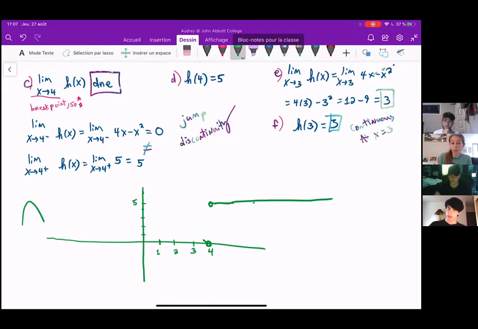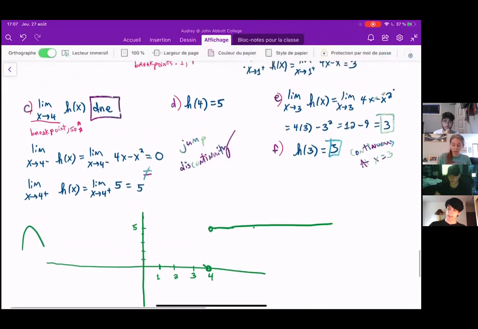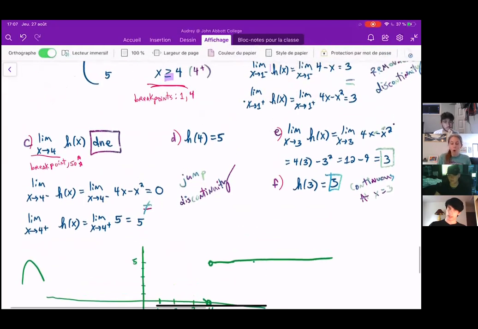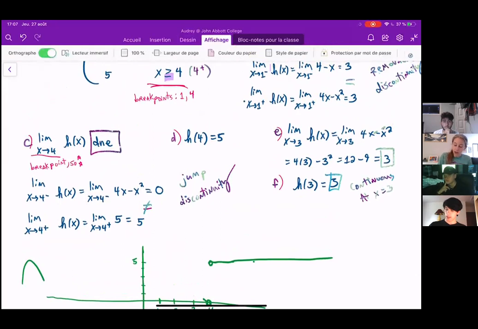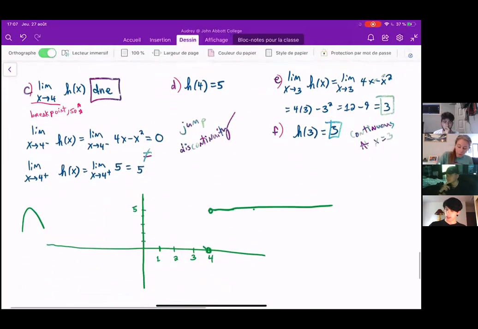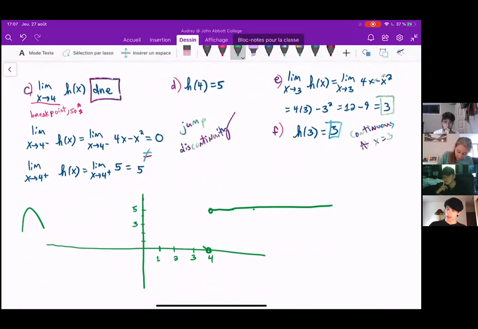To figure out about what it looks like, I'm going to go to 1. And I'm going to look at what's happening at 1. And I'm just going to graph the little things for 1. 1 from the left and 1 from the right gave me a 3. So that means at 1, 3, I'm going to put a little hole here, and I'm going to have tails going out both sides.